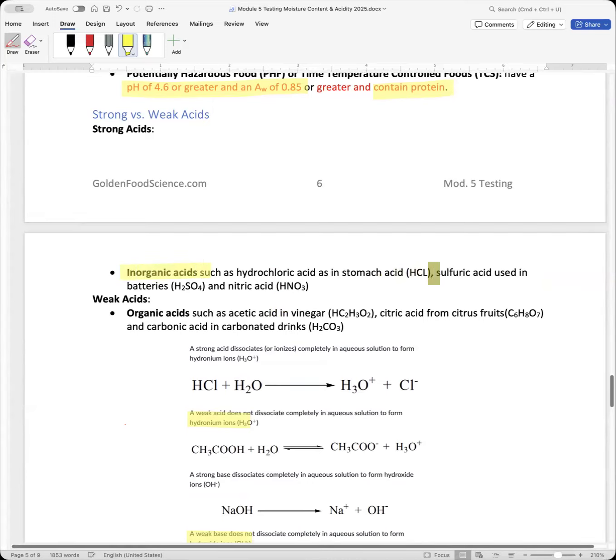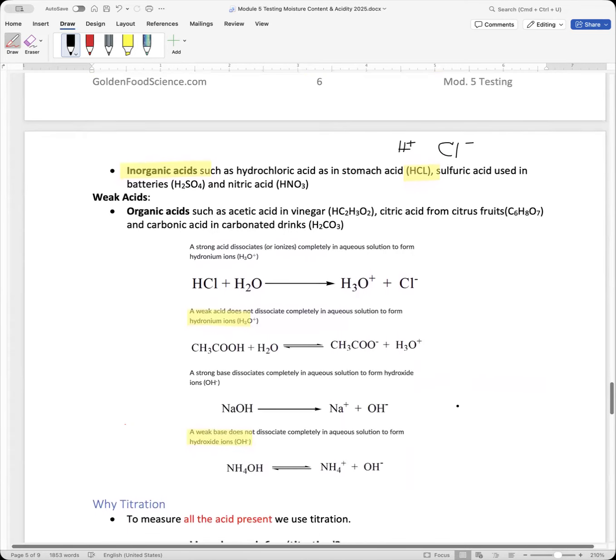If I put hydrochloric acid in a solution, the hydrogens break off from the chlorines pretty much right away. Poof, all 100%, you put it in water. Same with battery acid or nitric acid, right? Those are inorganic acids. We don't work with inorganic acids. We don't put those in food.